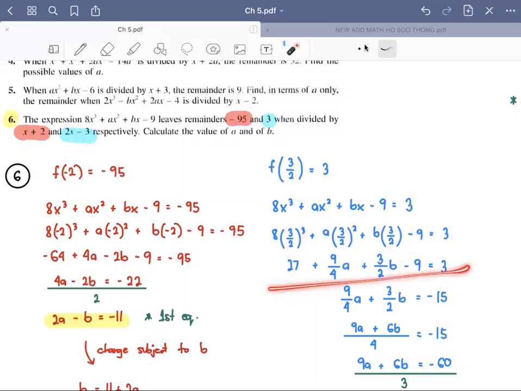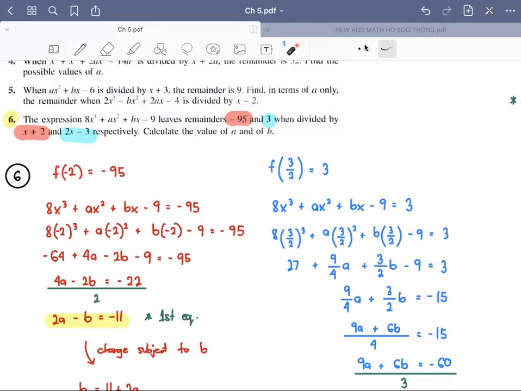All right, so simplifying this, you'll get 9 over 4a plus 3 over 2b equals negative 15. So 27 minus 9, and then transpose it here. You get what? Negative 18, right? So you get negative 15.